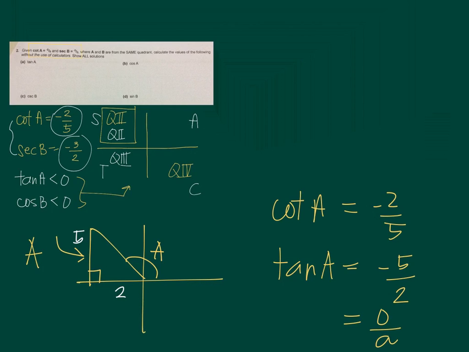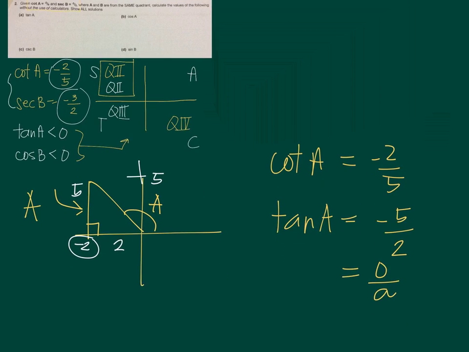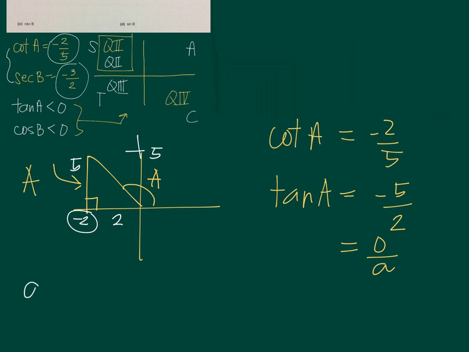And then adjacent is 2. Now it's up to you if you want to consider it already as negative 2, or you just retain 2 and work on the negative sign later. So this is at 5. Okay, so if we have 2 and 5 as sides of a triangle, we can find the third side using the Pythagorean theorem. So if we use the standard equation, a squared plus b squared equals c squared, we have 2 squared plus 5 squared is equal to c squared, since c is the hypotenuse.